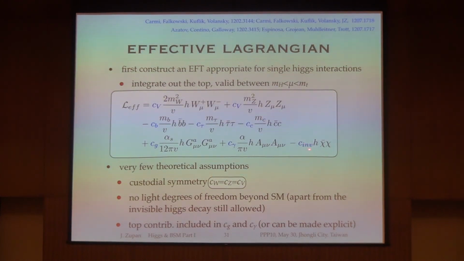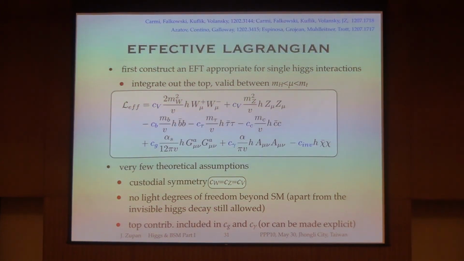And then you can also allow for some invisible decays. So I did something very simple. I just wrote down all the terms that you can think of, the leading order, so dimension 4 are renormalizable, dimension 5 would be the leading couplings to the gluons or the photons, and let's see what the deviations are from the standard model.